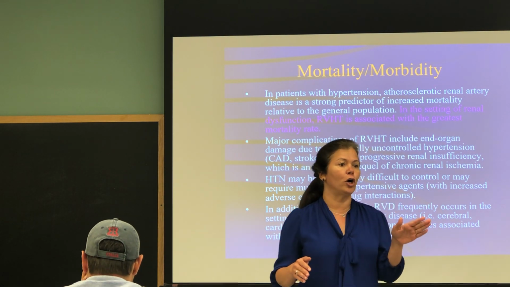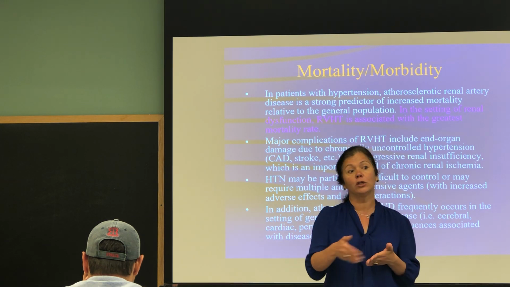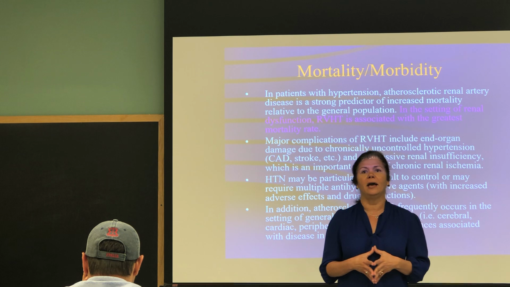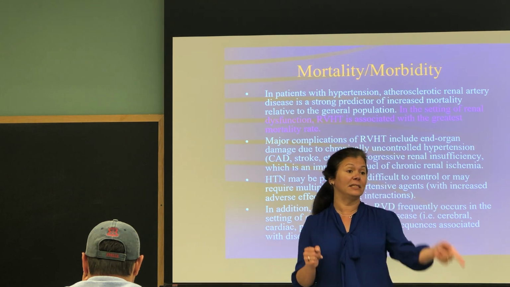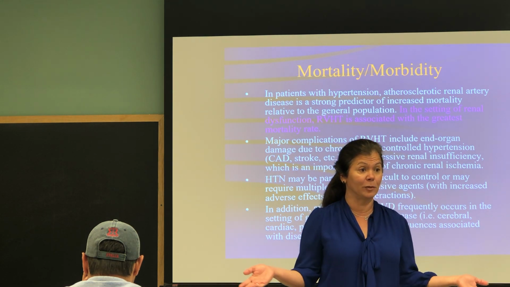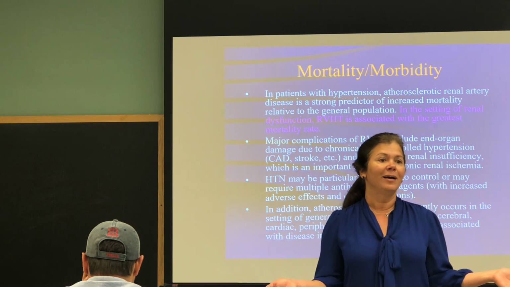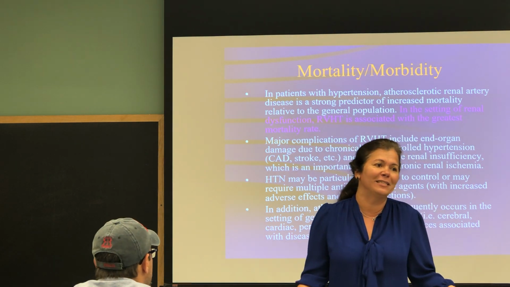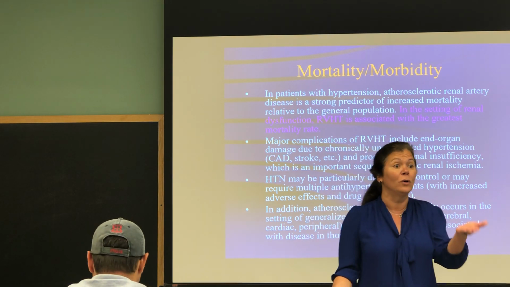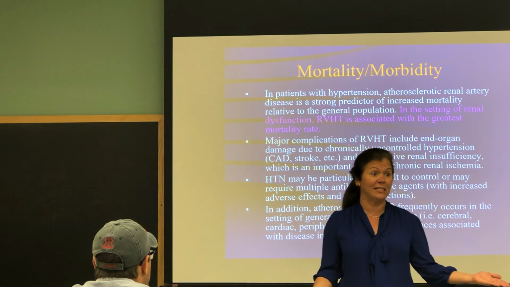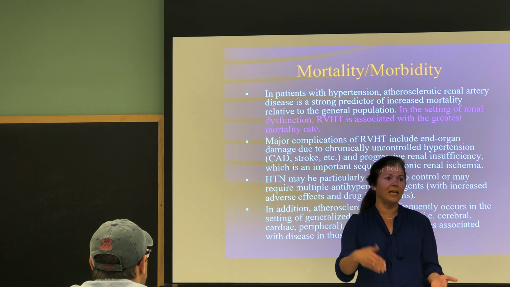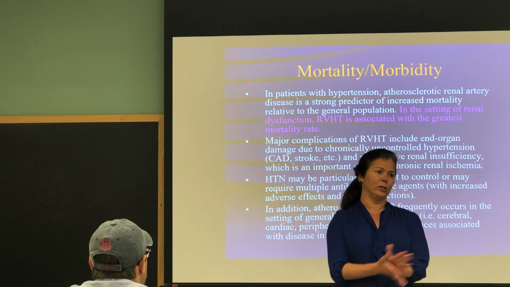You start enalapril, which is the most common that we use in the hospital, for example, for hypertensive emergencies. But at the same time you put the patient on Lasix because the patient is in pulmonary edema. You're not going to suspect renal artery stenosis at that time because it's common sense that if you are dehydrating the patient with a Lasix, the ACE inhibitor is going to make the renal function worse because the ACE inhibitor is not allowing the autoregulatory response.